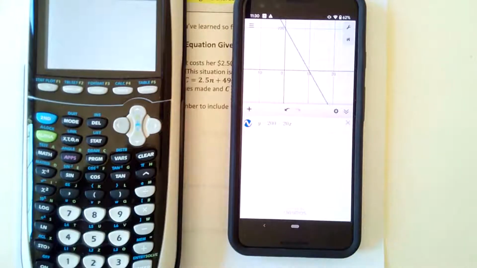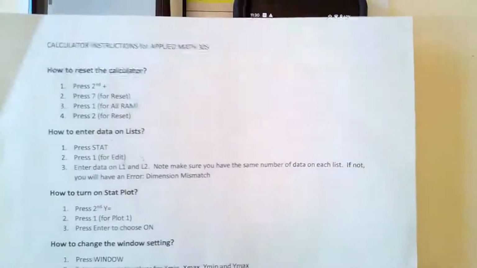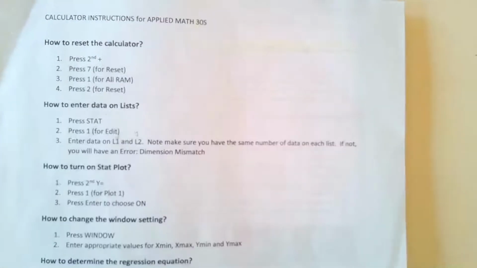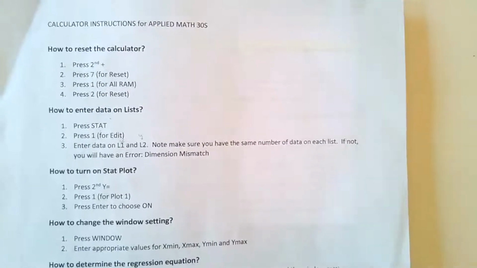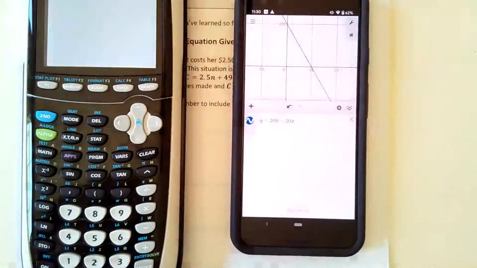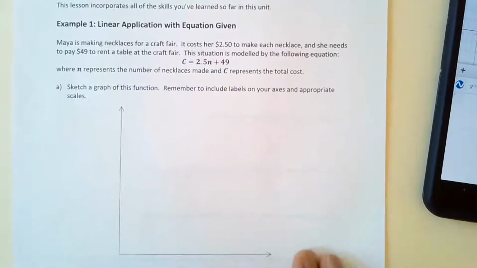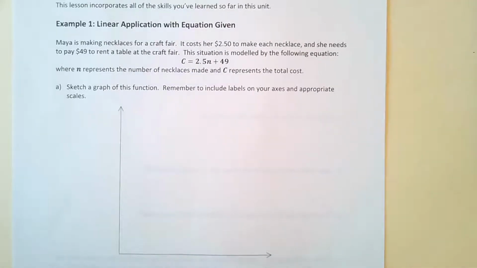And just to help guide you, maybe your calculator instruction sheets for the graphing calculator or for Desmos. Let's look at the first question. We'll complete 2 questions in today's lesson, and then you'll have a chance to practice 2 questions.